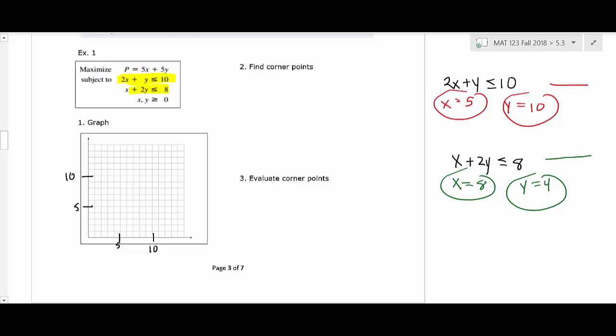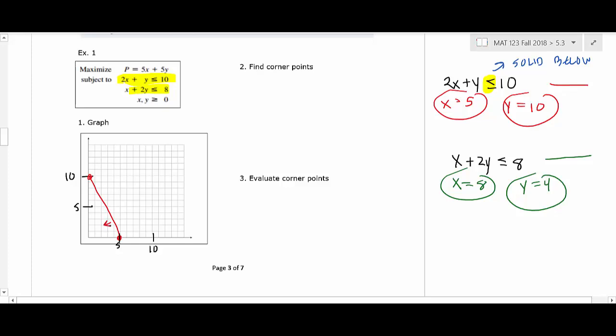Just like we did previously, we have a less than or equal to, which is going to tell you two things: solid line, below. So on this first graph, we put an x-intercept of 5, y-intercept of 10, solid line, and just know that you're below.